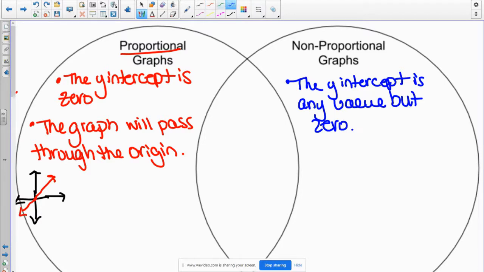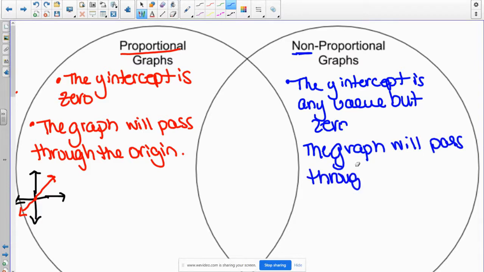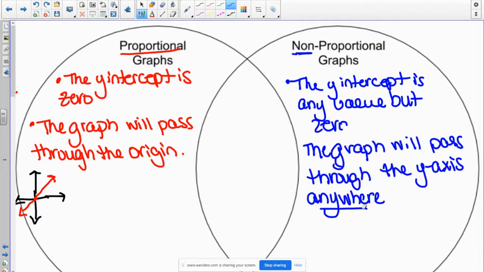On the other hand, since this is non, which means opposite or not proportional, the graph will pass through the y-axis anywhere but through the origin.